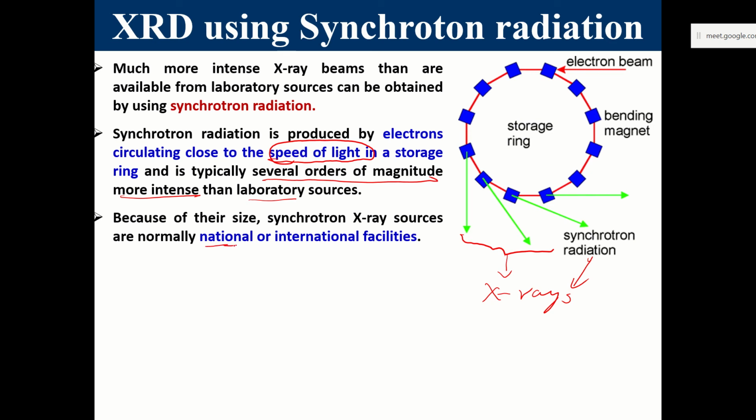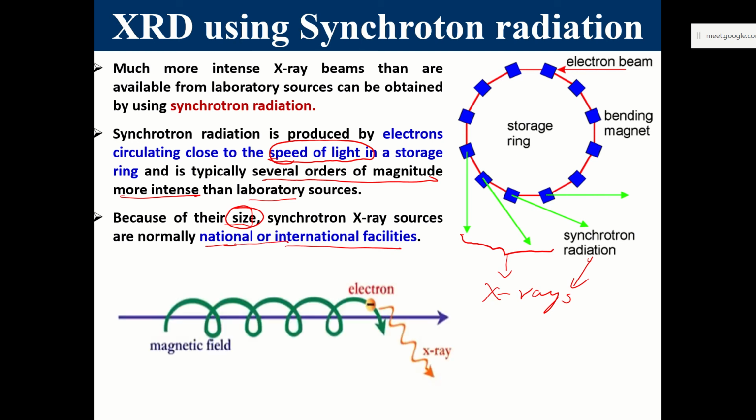This is always a national or international facility, much because of its size. It's a huge size. It has to be set up with permission from the Atomic Energy Commission and all that, so lots of things are involved here. The basic idea is that electrons undergo acceleration, and an accelerating electron will lose energy and give out radiation.